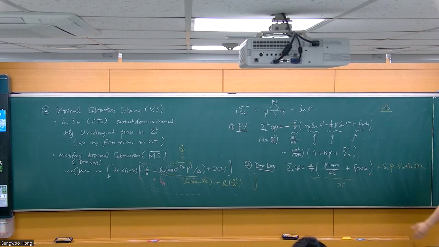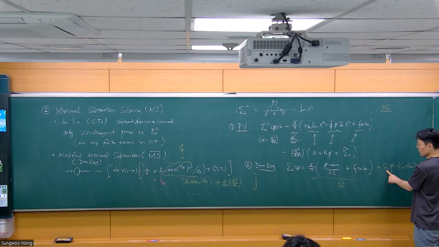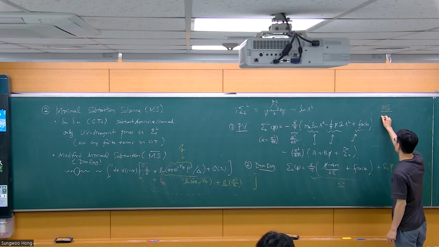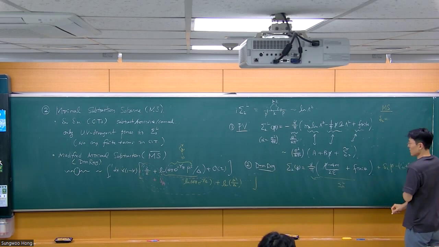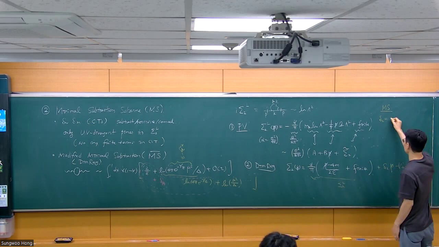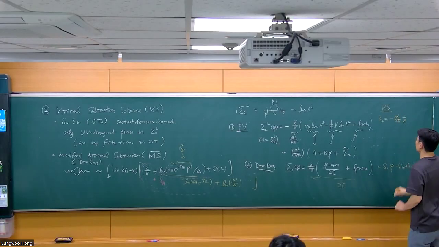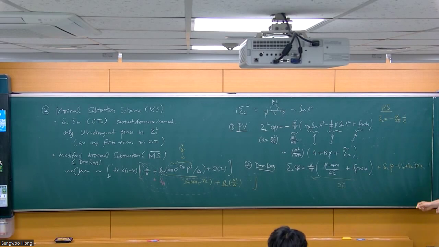So now delta 2 has to kill this guy, the UV divergence. So delta 2 is fixed to be minus of that thing, which is minus alpha over 2 pi, 1 over epsilon. Okay, happy?